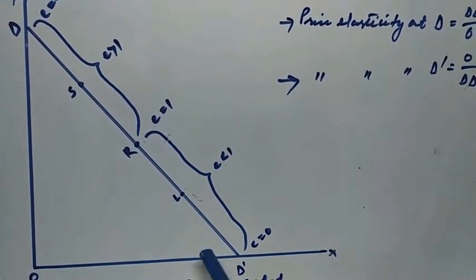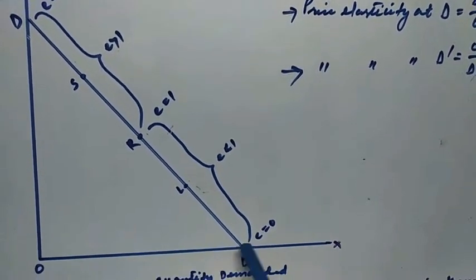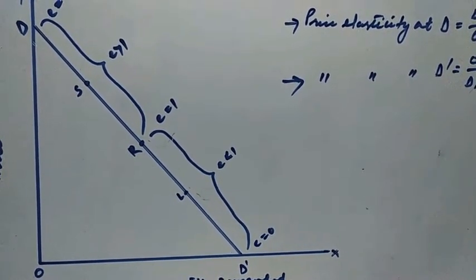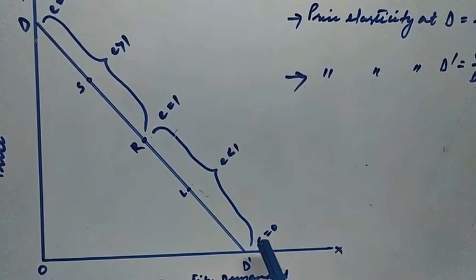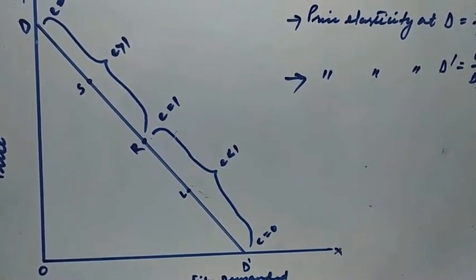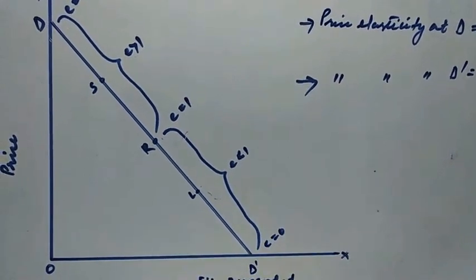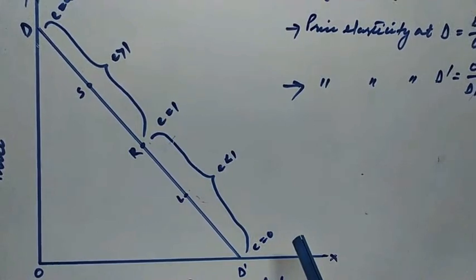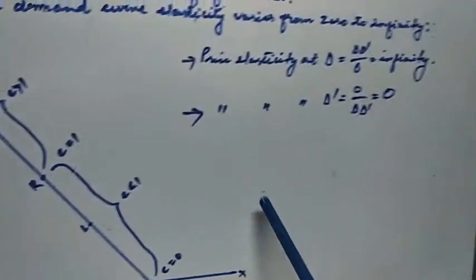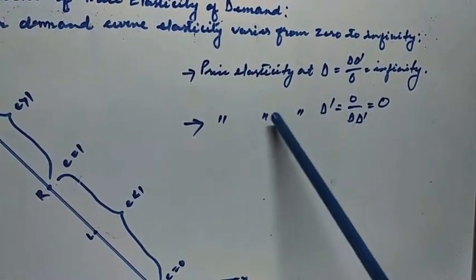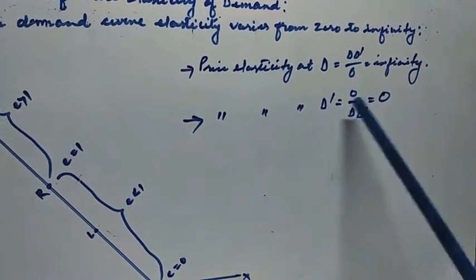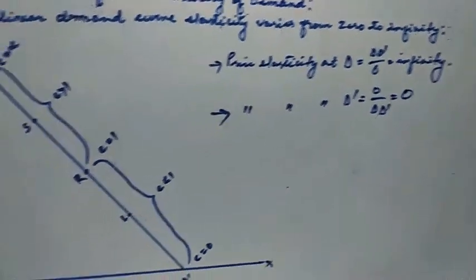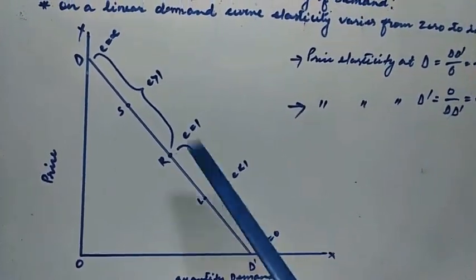So at point D dash, price elasticity will be 0, since the lower segment will be equal to 0 and the upper one to the whole DD dash. So price elasticity at point D dash is 0 divided by DD dash, which equals 0. So those are the two extreme cases.